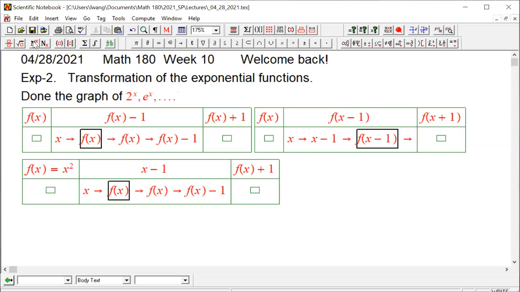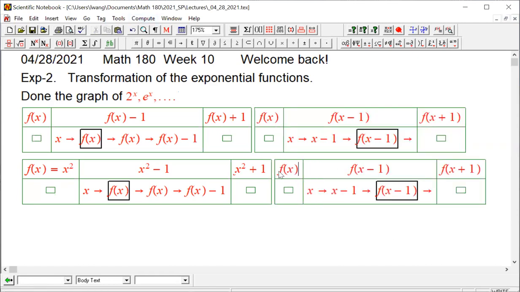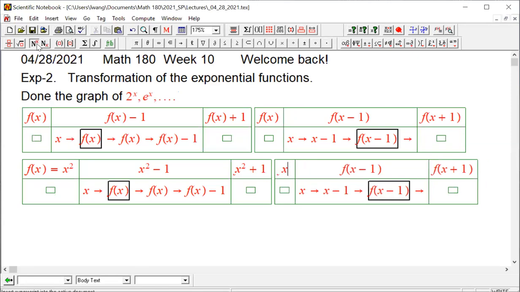This will be x squared minus 1, and this will be x squared plus 1, right? Did we do those? If this were x squared, this is going to be x minus 1 squared, and that's going to be x plus 1 squared, isn't it? Remember we did this before?